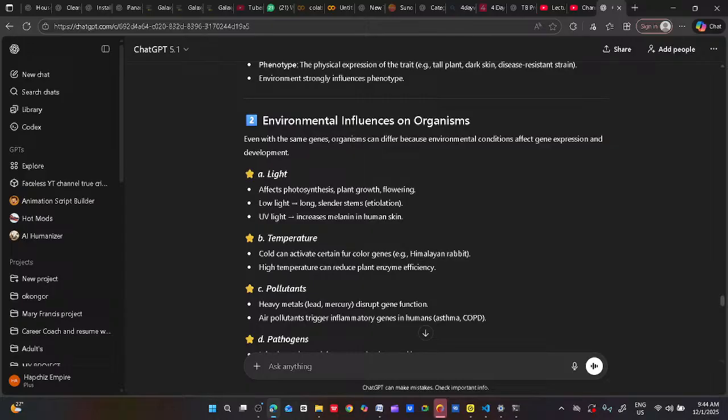Okay, and number one out of these environmental factors is light. It affects photosynthesis, plant growth and flowering. And don't forget that you as a human, everything that you will need for your survival, you are going to get it from plants.